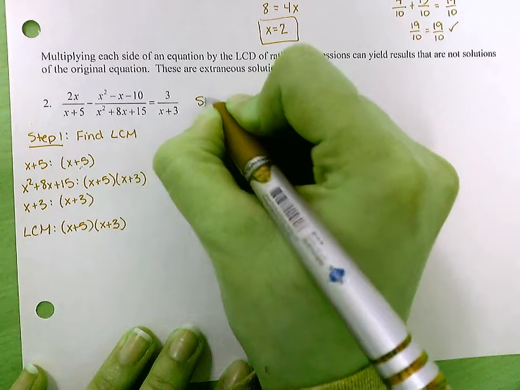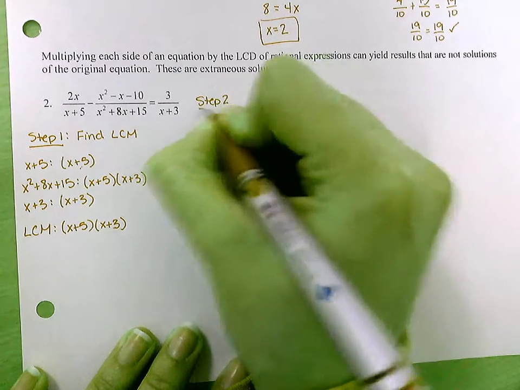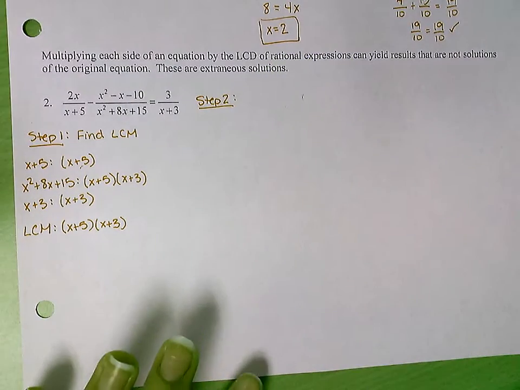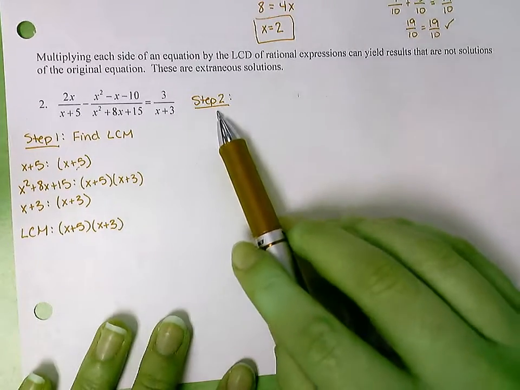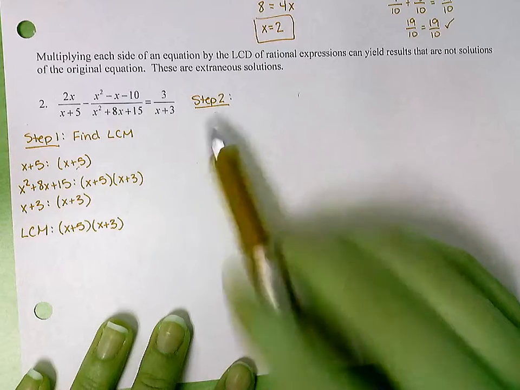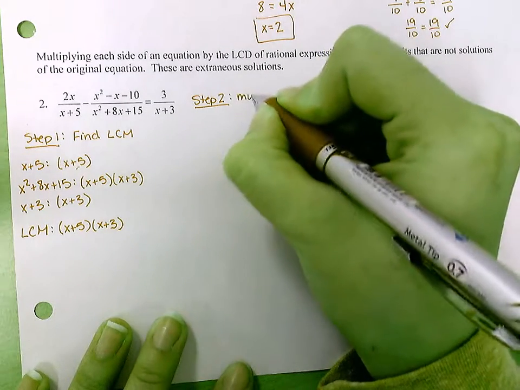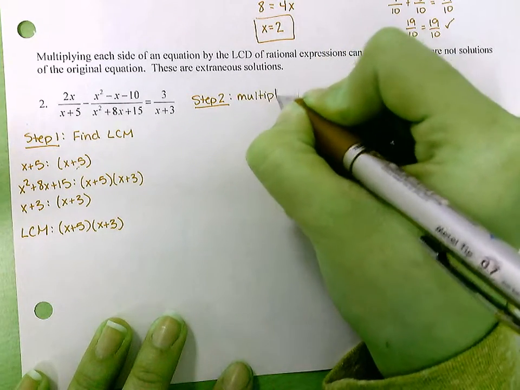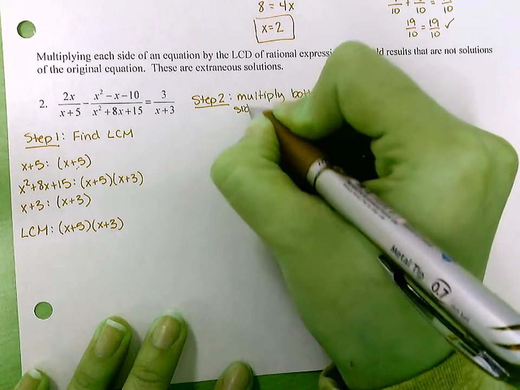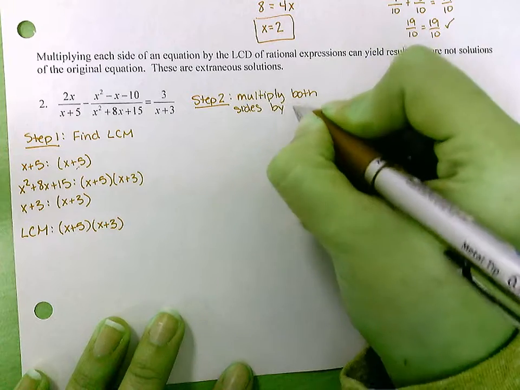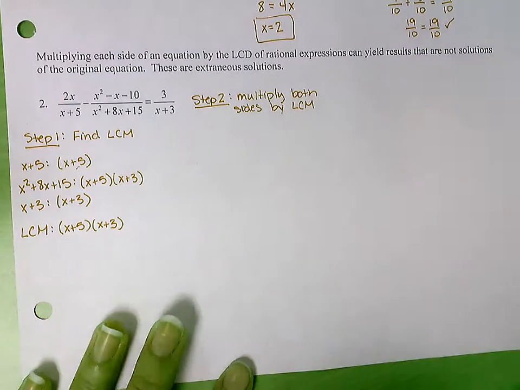Okay, next step, I'm going to write it up here because I think you'll need a lot more room than the last one. So we have step 2. We're multiplying both sides by that LCM you just found.